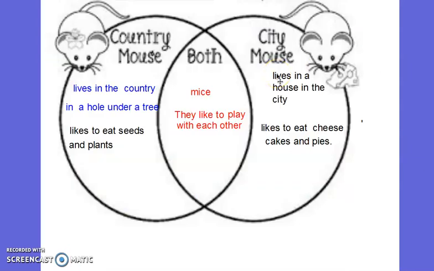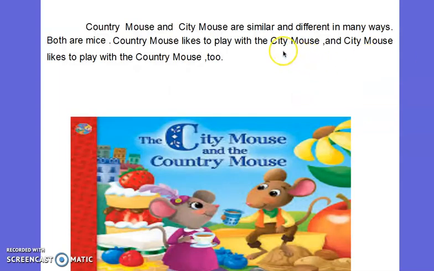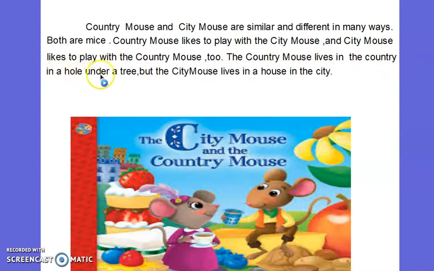What are the differences? The country mouse lives in the country but the city mouse lives in the city in a house. So, we want to write them here beside each other because it's a paragraph. What do you want to write? The country mouse lives in the country in a hole under a tree, but the city mouse lives in a house in the city.